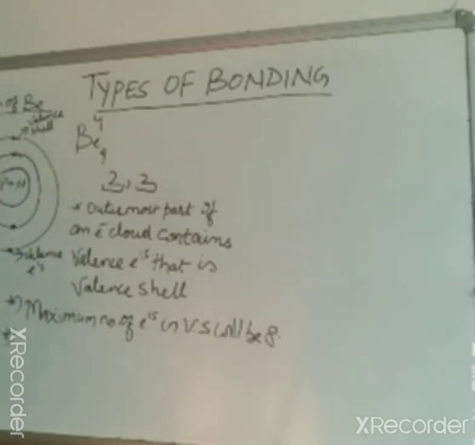To attain this octet, atoms have to either lose or gain electrons.